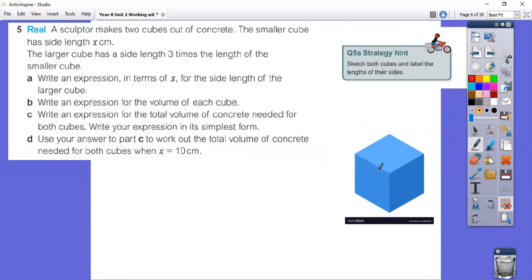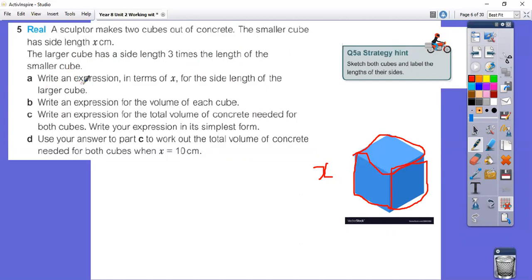Basically, all of these sides are the same length. We don't know what length it is, so we just say it's x. But we know the larger cube is 3 times the length of the smaller cube.